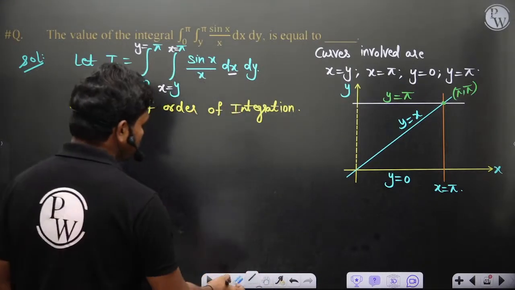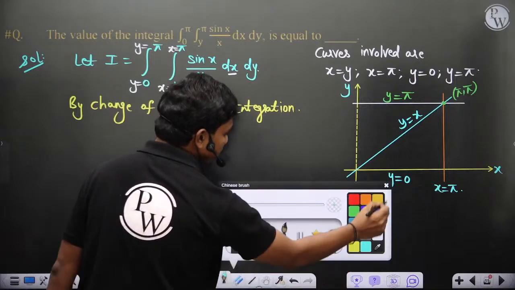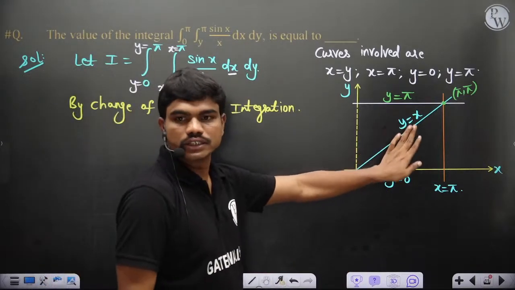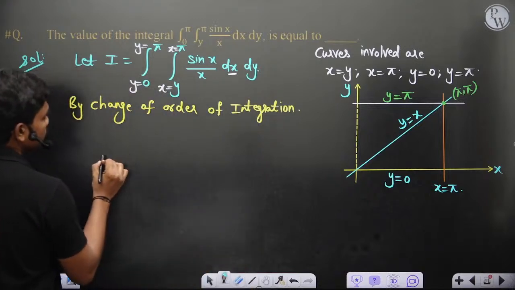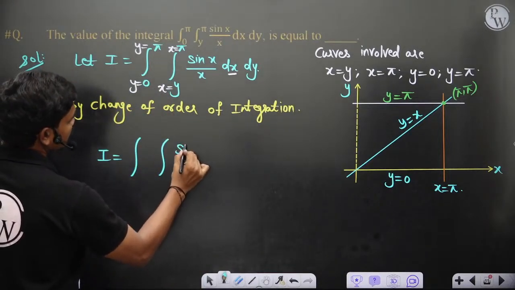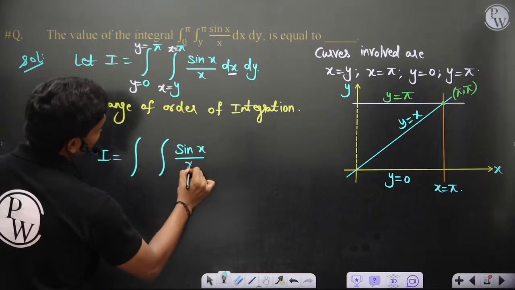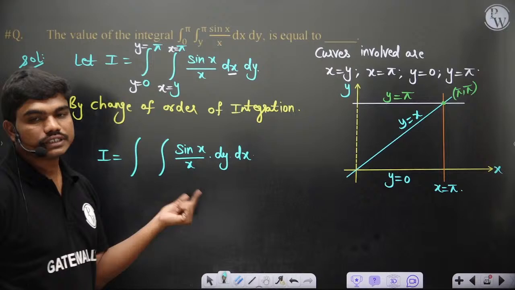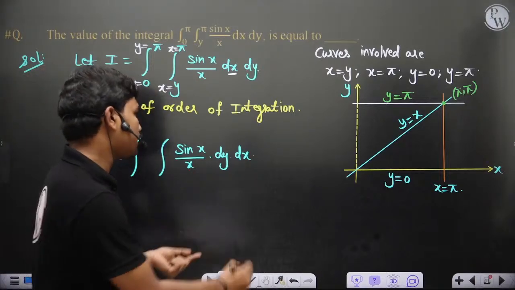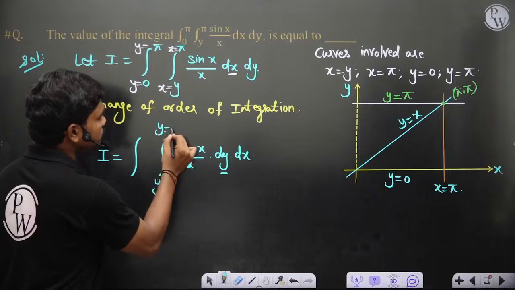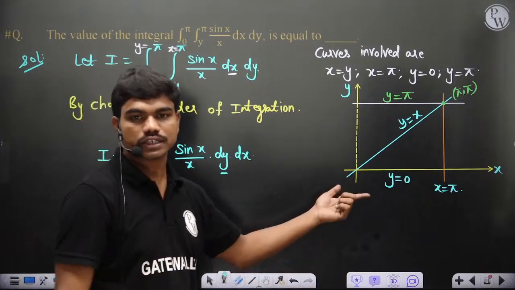I equal to the integral of f of x comma y, which is sin x by x, and I want to write dy dx. In such a case, which step should I consider? y is my first variable of integration, so ultimately I should write y limits. If I want to write y limits, should I consider a horizontal step or a vertical step?